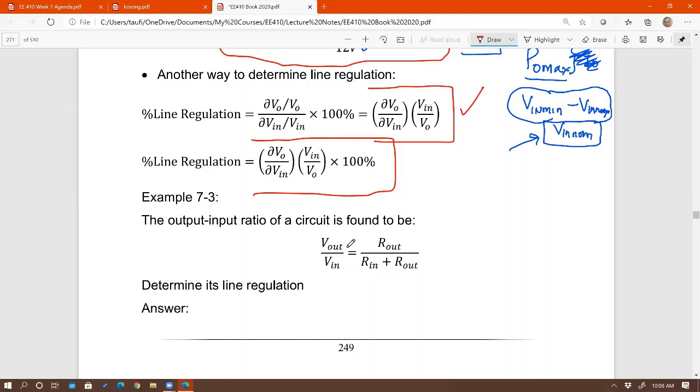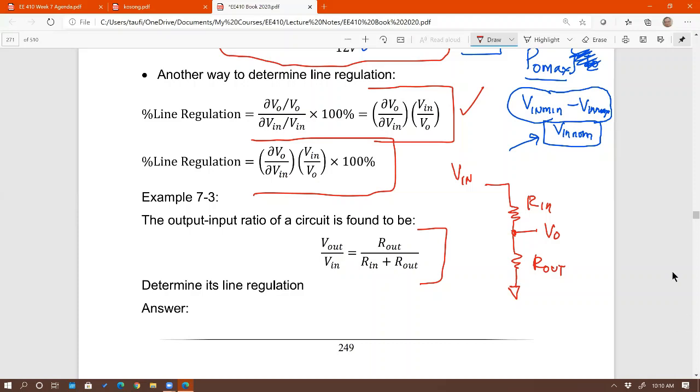Let's say that the ratio of the output voltage over the input voltage, V out over V in, is equal to R out over R in plus R out. Are you familiar with this equation? Have you seen it before? Voltage divider? Yes, it is a voltage divider. So remember that this is an equation for a voltage divider. This is your V in, and here's your V out, and here's your R in, here's your R out, right there.